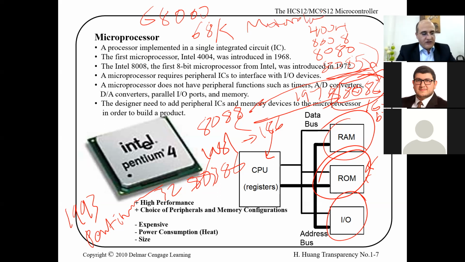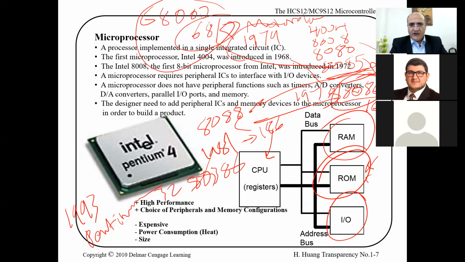This was a 16-bit processor, in 1979, sorry. So it was almost around the time when the 8086 was produced. So they both competed.